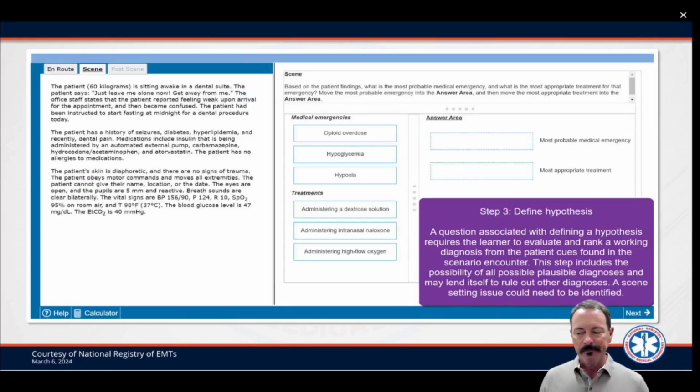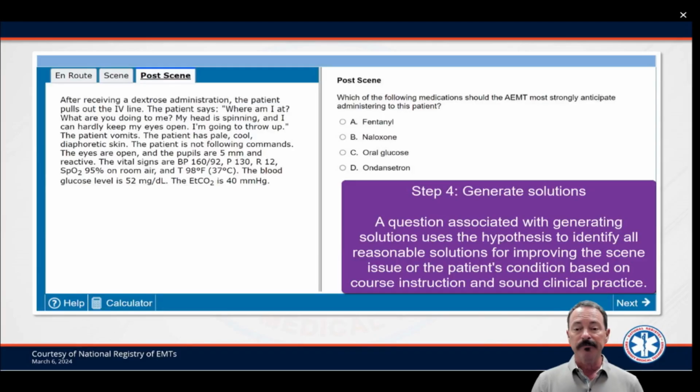A scene setting issue could need to be identified. Okay, so then we go to step 4, that's to generate your solutions. A question associated with generating solutions uses the hypothesis to identify all reasonable solutions for improving the scene issue or the patient's condition based on course instruction and sound clinical practice.